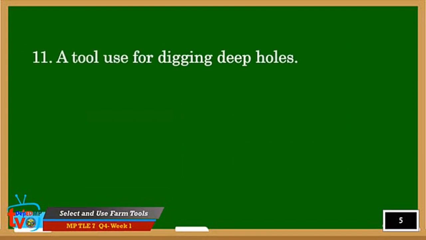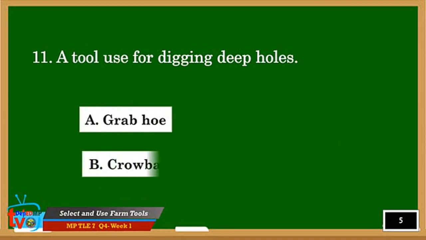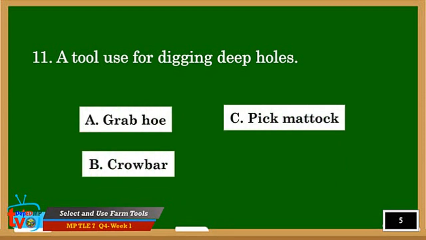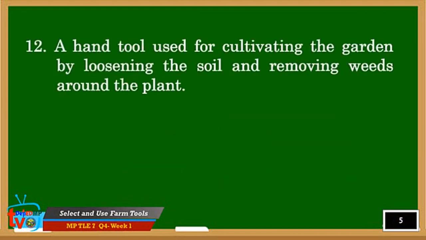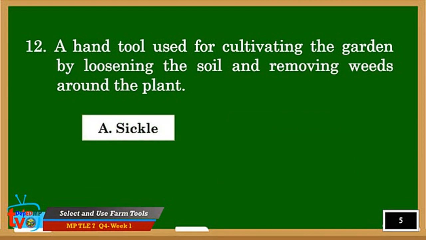11. A tool used for digging deep holes. A. Grab hoe. B. Crowbar. C. Pick mattock. D. Pruning shear. 12. A hand tool used for cultivating the garden by loosening the soil and removing weeds around the plant. A. Sickle.